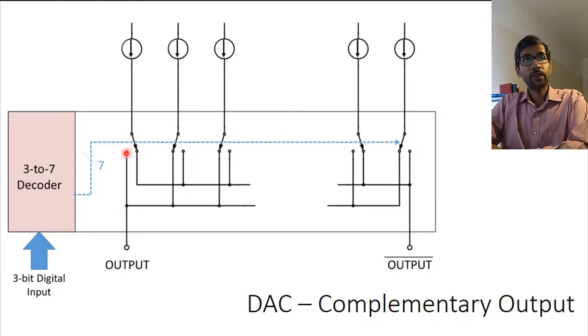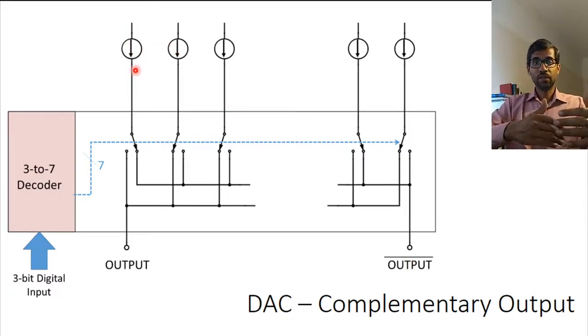Instead of switching between a particular value of current and no current, it switches to an output or a complementary output, right? So when the switch is off, the current doesn't go into the output, but it just goes into output bar. Which means that this current never is going to become zero. The current through this path is always going to be the same. It's either going to flow into the output or it's going to flow into the output bar. And what this does is it increases the speed of your DAC.